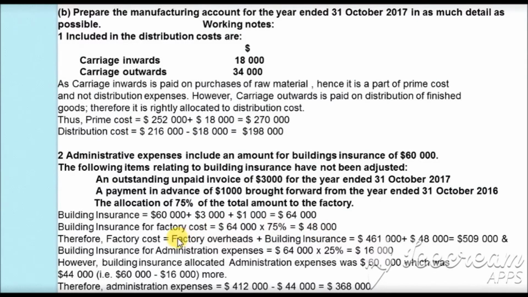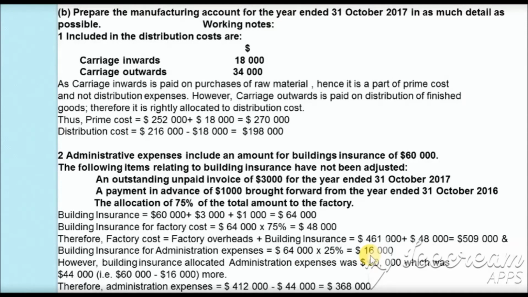Therefore, now our factory cost will be the factory overheads plus the building insurance for the factory. So we will get the value as $461,000 plus $48,000, which will be $509,000. Then the rest is for administrative expense, and it will be $64,000 times 25%, which is $16,000.